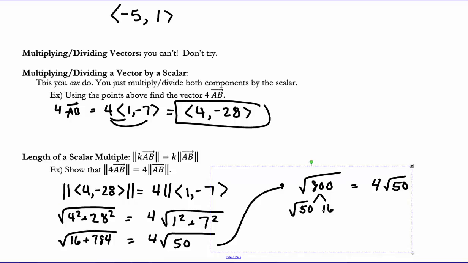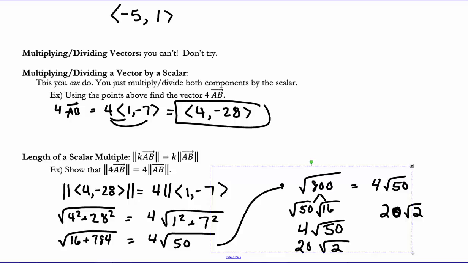So the square root of 800 is the square root of 16 times the square root of 50, which is the same as 4 root 50. Now, obviously, I didn't simplify that all the way down, and I'll do that in a second, but you can easily see now that these match. And really, I could pull out another 5 from here, because 50 is 25 times 2. So this would be, I'm sorry, not 25, 20 root 2. And so would that.